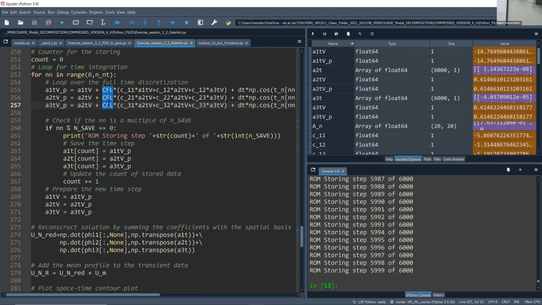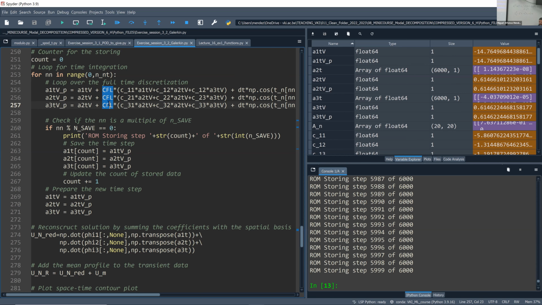Because we remember we said from the beginning that U at time step n is going to be A1 n times phi1 plus A2 n phi2 plus A3 n phi3. Now we have solved for all the A's, so we can reconstruct.